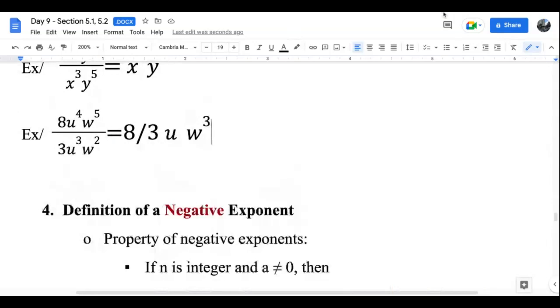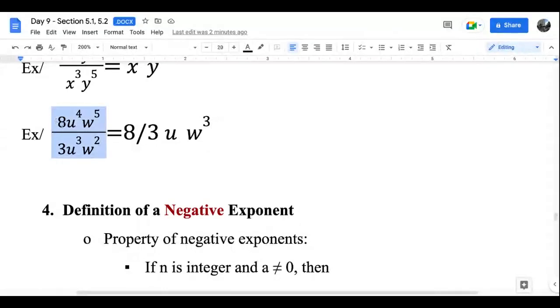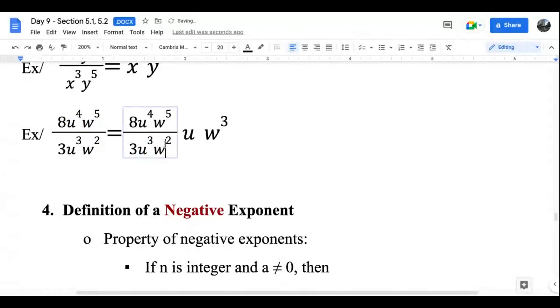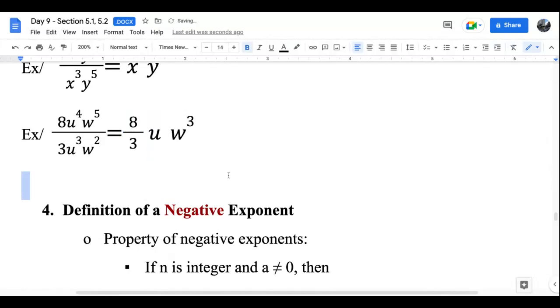So we just rewrite it: a over 3, u w cubed.